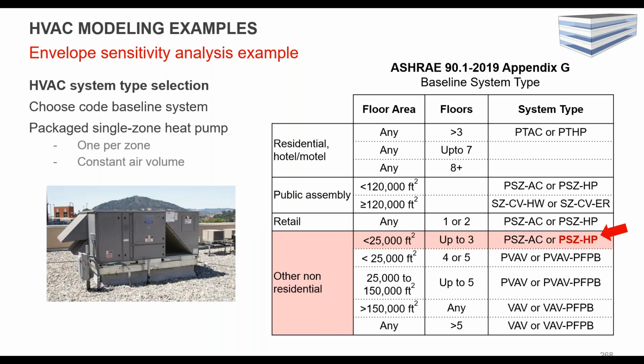And then if you're looking at system type, again, we don't have a system here, but as we mentioned yesterday, let's go to 90.1 Appendix G. We'll figure out for this building, which is non-residential, less than 25,000 square foot, we're going to pick a package single zone. In this case, you have 2 choices here. You could do an air conditioner with a furnace, or you could have a heat pump, again, an all electric option. So in this case, I selected a heat pump.